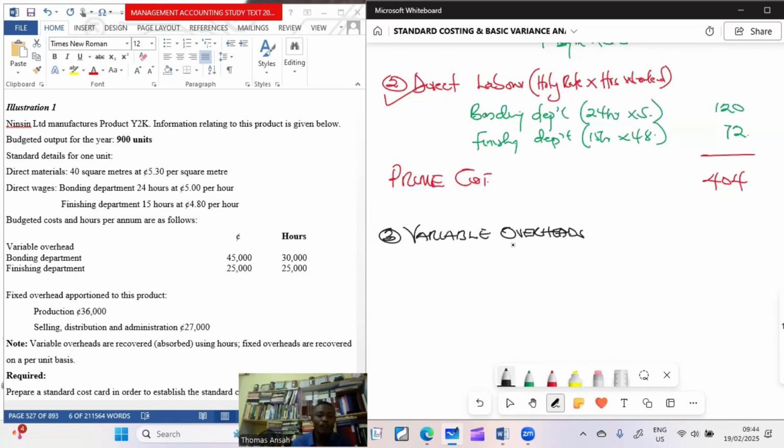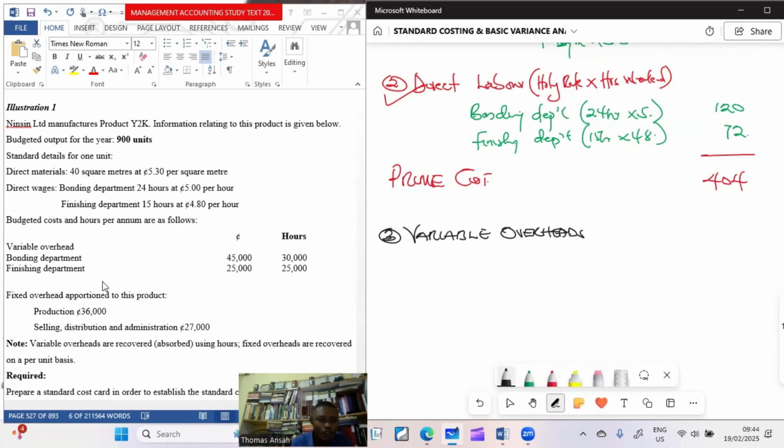So variable overhead, whether production or non-production, that's the thing. All right, but we bring in production first just to know the closing stock value. Then you bring in the non-production, all right, so that you can get your contribution. But if you want to get the close, so go back and watch marginal costing. You see what I'm talking about. All right, so that is that.